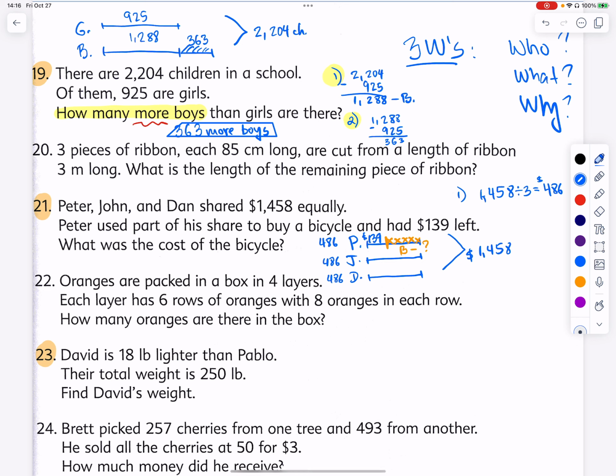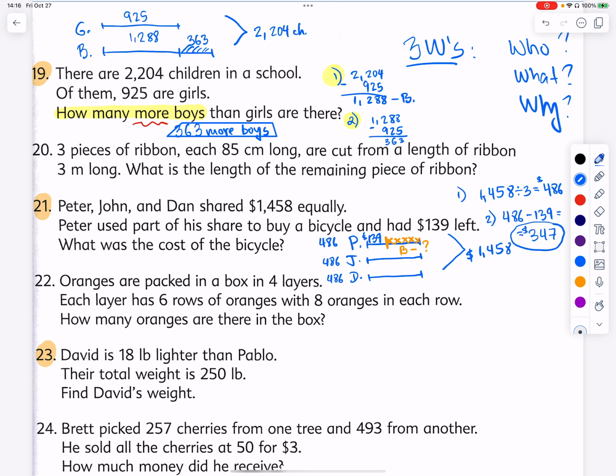He went shopping for a bicycle. And after that shopping, 486 minus 139, how much money did he spend? Of course, in order to find the bicycle cost, the missing part, we must subtract 139, and we know that the bicycle must have cost $347.